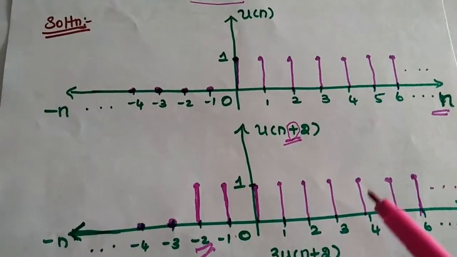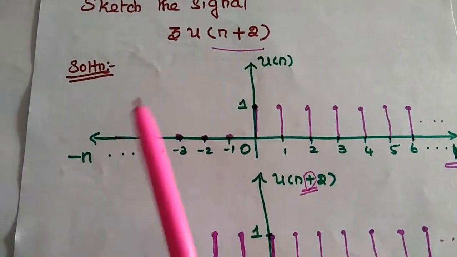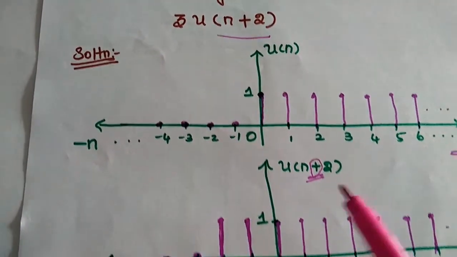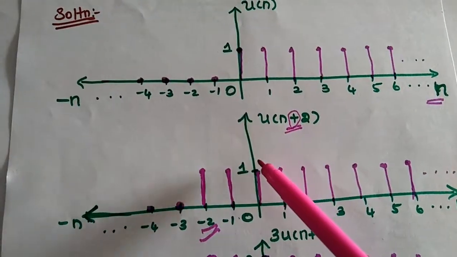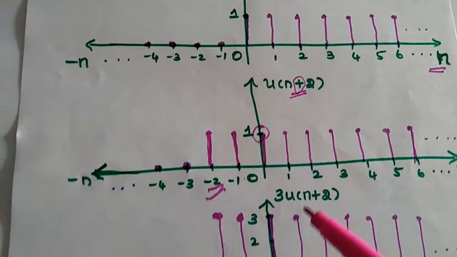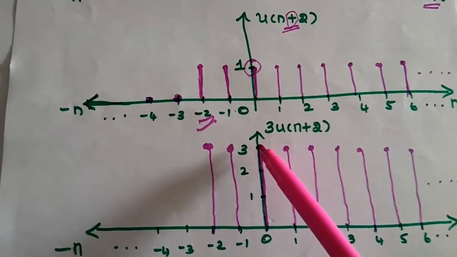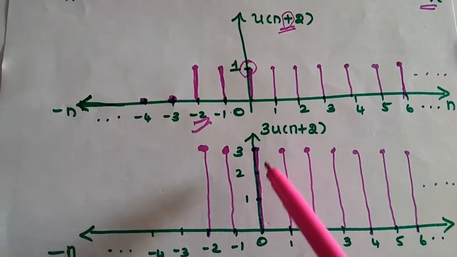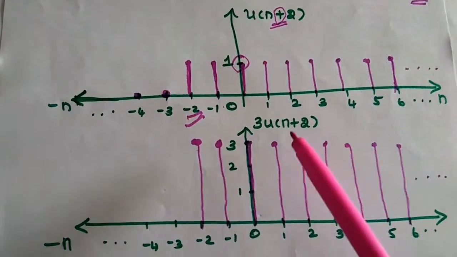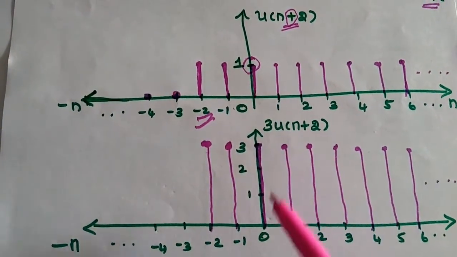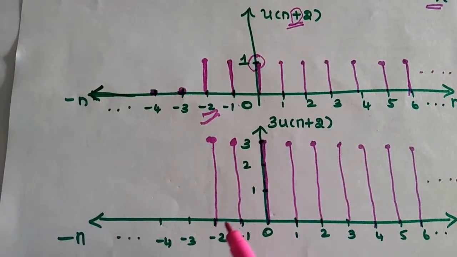Next we are going to find the amplitude scaling, 3 into u of n plus 2. Here the amplitude is 1, and now we are going to multiply that amplitude by 3. So the amplitude becomes 3. It is the same signal but with amplitude 3, not 1.